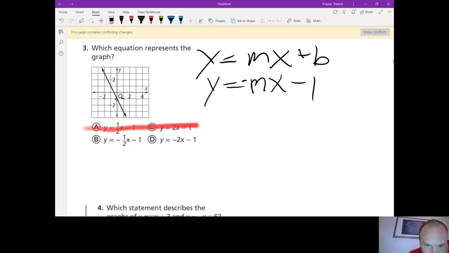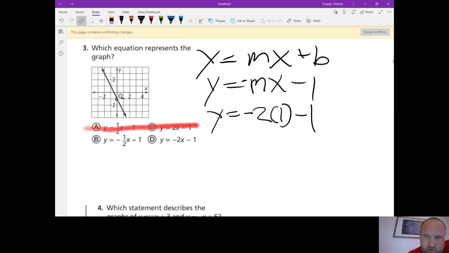If x equals 1, we'll substitute: y equals -2 times 1 minus 1.